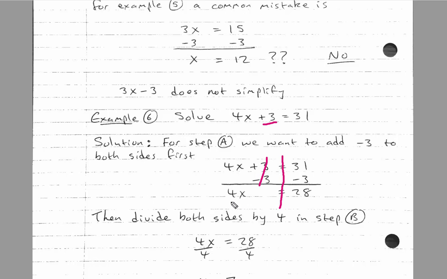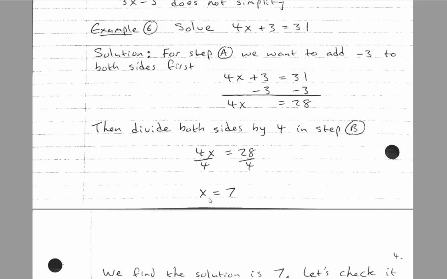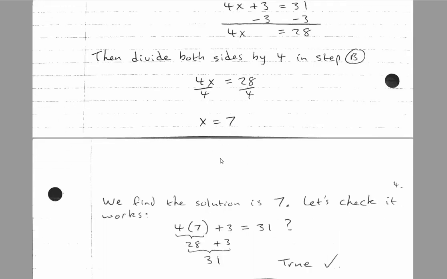And now we use step B. So 4x, we're looking for 1x, so divide both sides by 4. So 1x is equal to 7. So that's our solution.